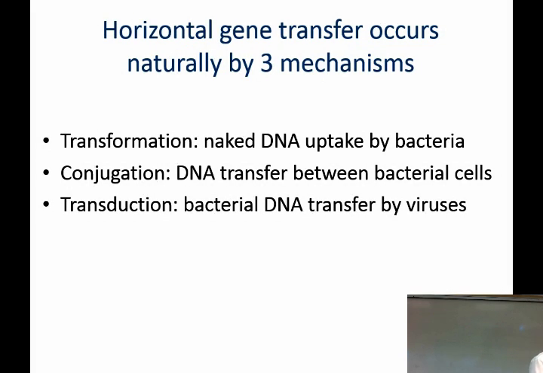Okay, imagine this. I'm an E. coli cell. I don't look like that at all because I'm a rod, but never mind. And I have my normal bacterial chromosome. Here's my friend, E. coli B, and we're hanging out together. And I have some genes on a plasmid, and we're going to talk about what that is in a second. But I have some extra genes.